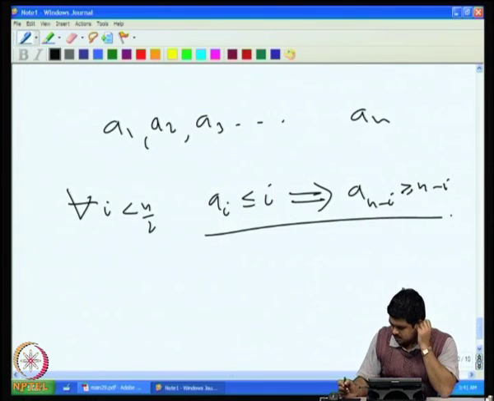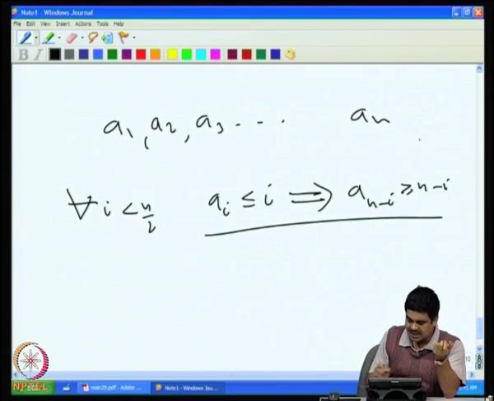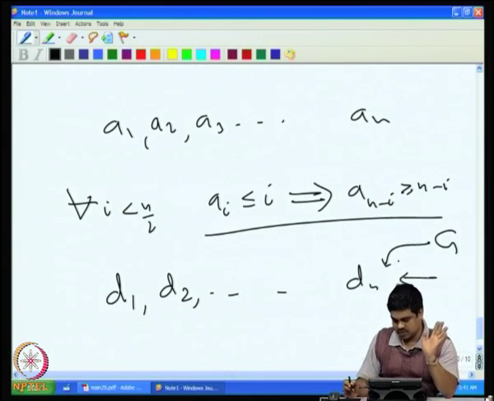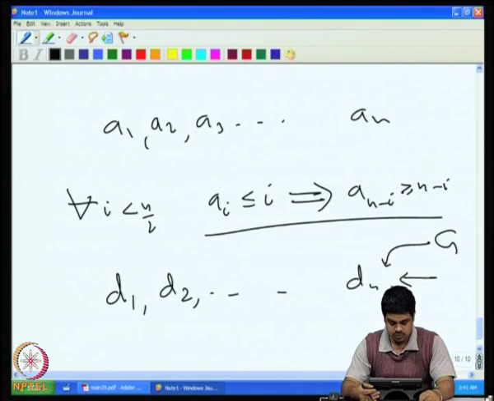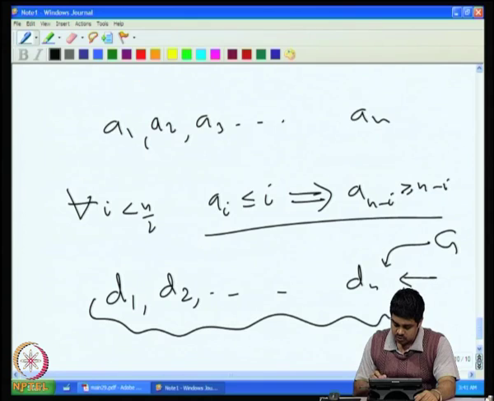Then if something is wrong, suppose there is another degree sequence, not necessarily this one, some pointwise greater degree sequence like d1, d2, up to dn, such that a graph G corresponding to it is not Hamiltonian. Now, what we are going to do is to find one such degree sequence which is very suitable for us to work with.